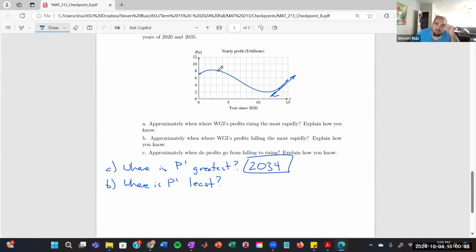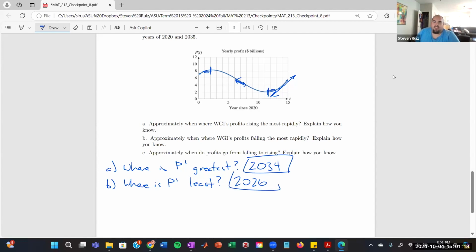and let's start eliminating other things. I definitely don't want to choose where it's increasing. So I can take out anything to the left of this point, anything to the right of this point. But I also don't think it's going to be anywhere where the slope is very shallow. So I think it's going to be something like right in the middle. So let's say, I don't know, I'm going to say 2026.